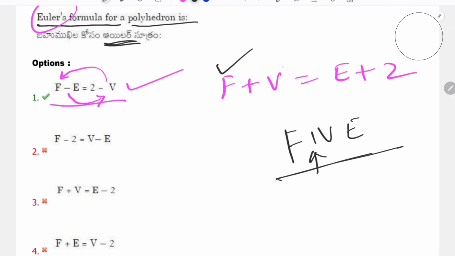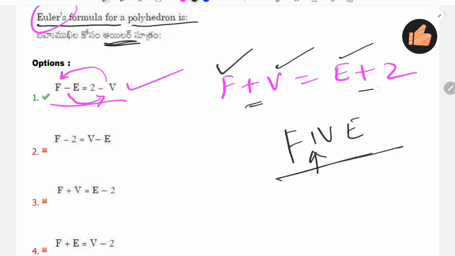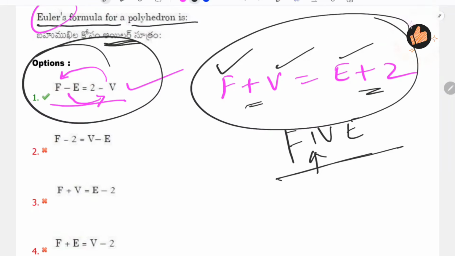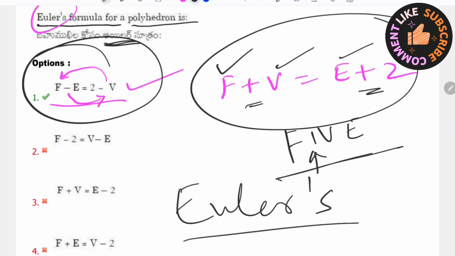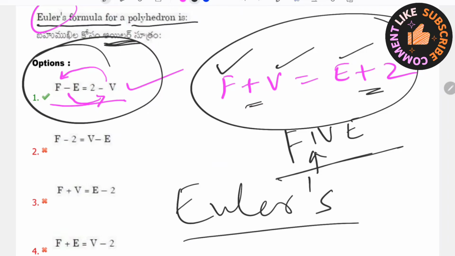First f will come, then v, then e. I is not there, but like five, and there is a plus only in this case. Here also you have plus, here also. So anyway, you remember like this or like this. You have to remember the formula, a very important formula, Euler's formula. F means faces, V means vertices, E means edges of a polyhedron figure.